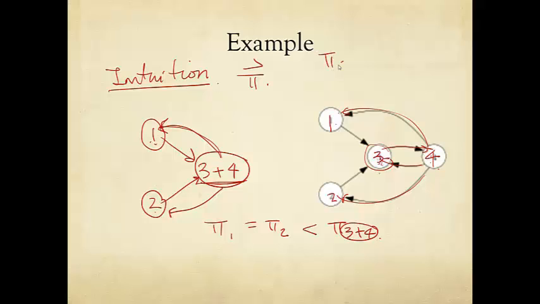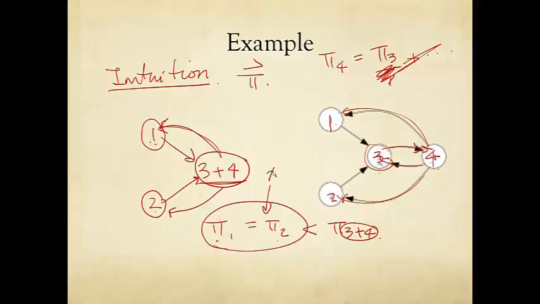Right, so pi 4 should equal pi 3, or pi 3 divided by 1, because there's only 1 outgoing link from node 3. And plus what? There's no other terms. There's only 1 link pointing inwards to node 4. So we can just say pi 4 equals pi 3, and pi 1 equals pi 2. Now once we know that, the job is very simple now. Let's say pi 1 equals pi 2, this number is x. Pi 3 equals pi 4, this number is y.